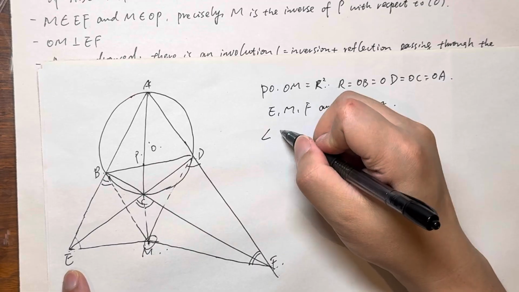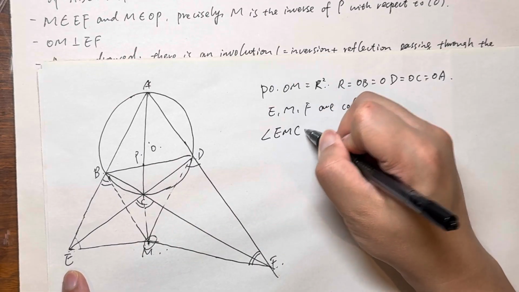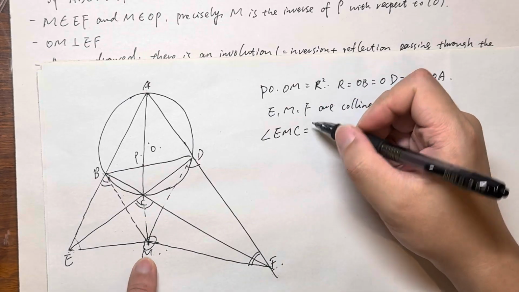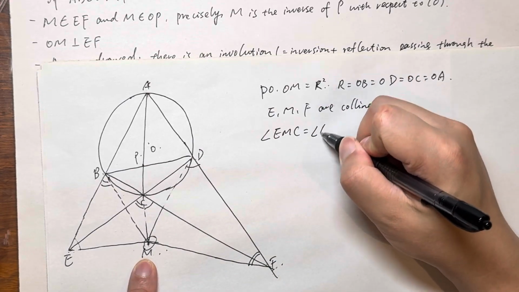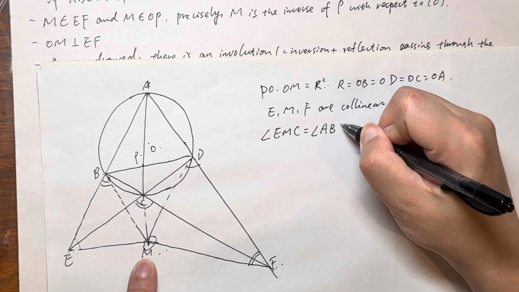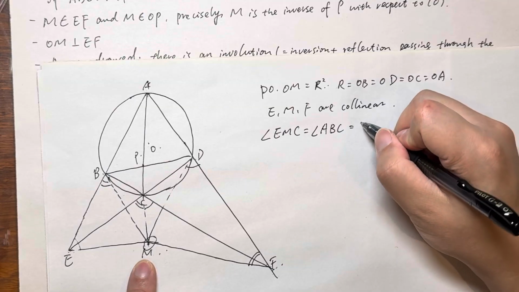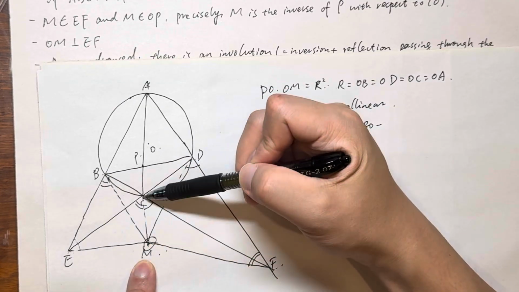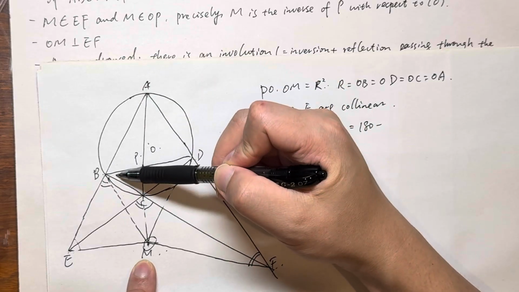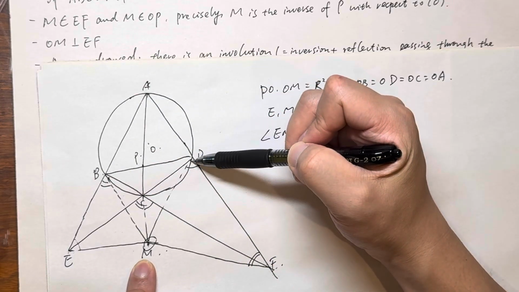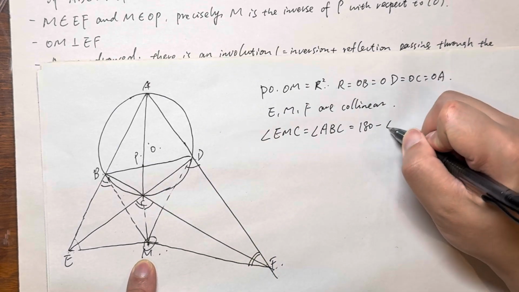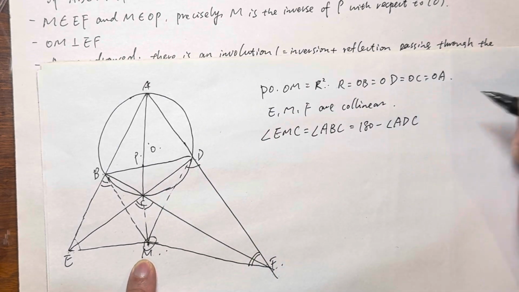So look at angle EMC. Angle EMC equals angle ABC. And because ABCD are cyclic, angle ABC equals 180 minus angle ADC.